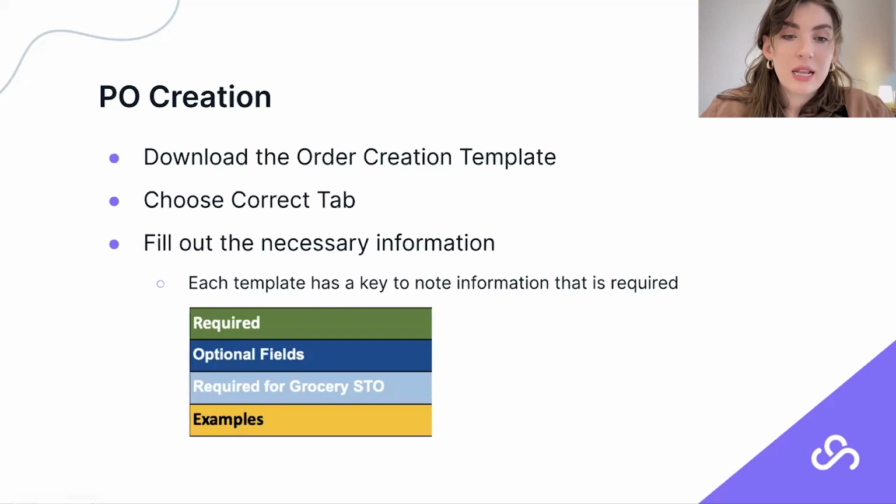There's usually ones that label that it's going to be enriched data as well. It just depends on the tabs. So it will usually call out that this is going to be enriched, or it will just auto-populate when it gets in. Another one, if you're not grocery, then you don't have to worry about that light blue one. And then this yellowish orange color is examples, and that just is helpful to check your work.